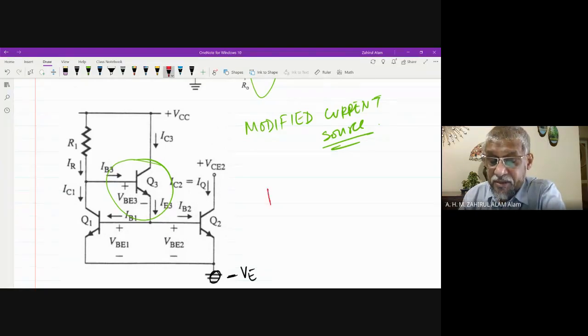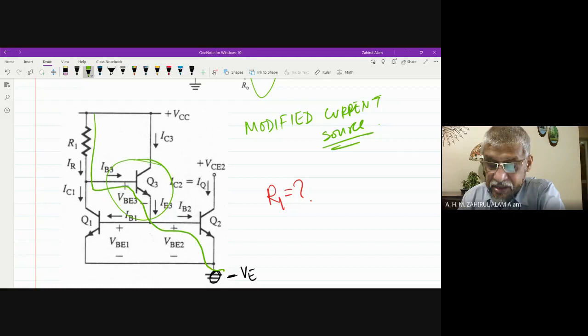That means we need to find the value of R1. How to find this R1? Again, we need to apply KVL. So we can go through this, a complete loop.